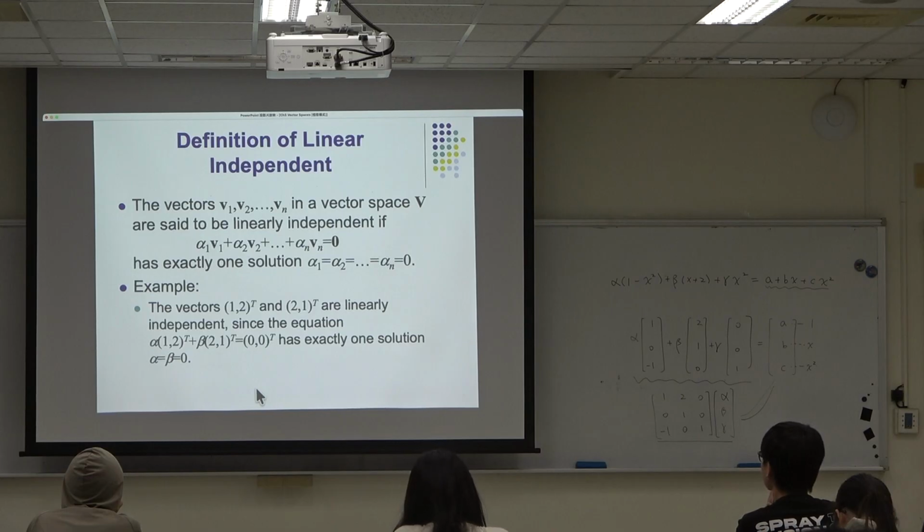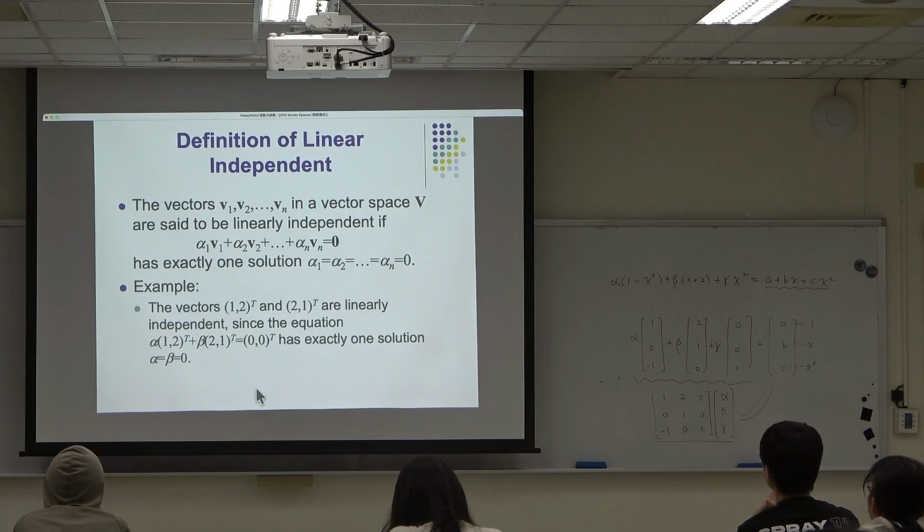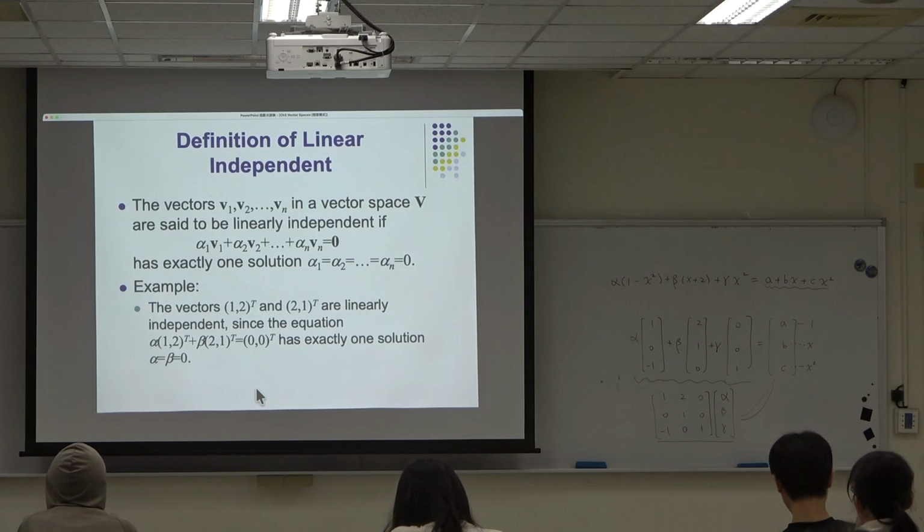Other than this trivial solution, there is no other solution. If this is the case, we say b1 to bn is a set of vectors that is linearly independent.